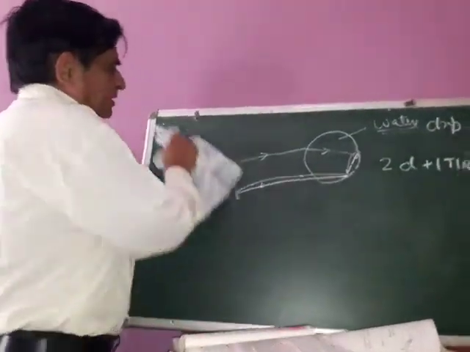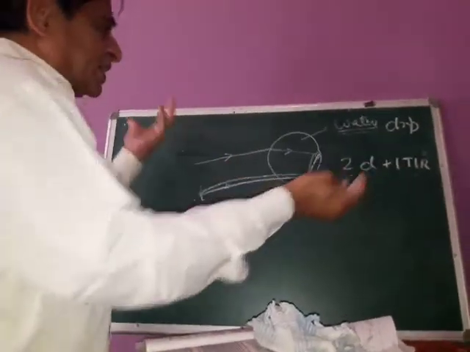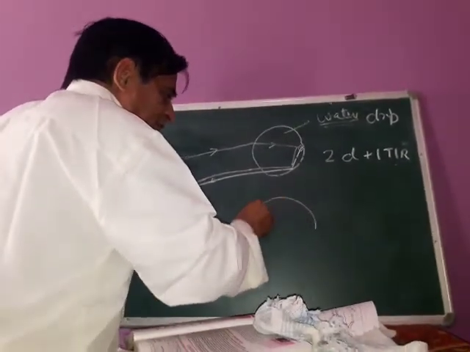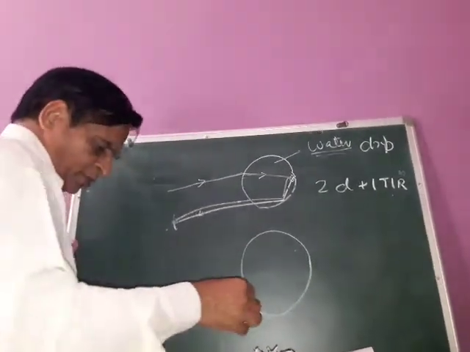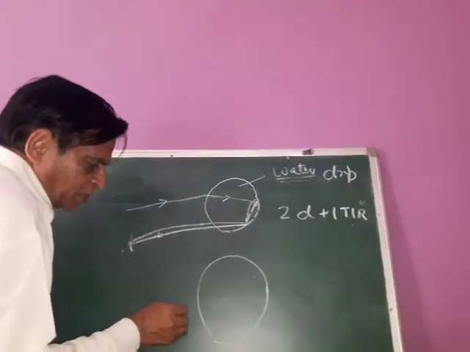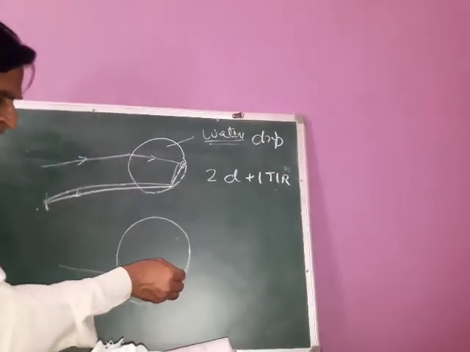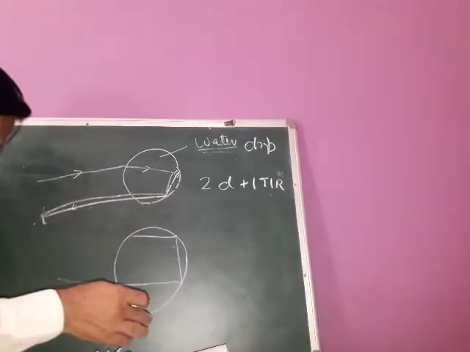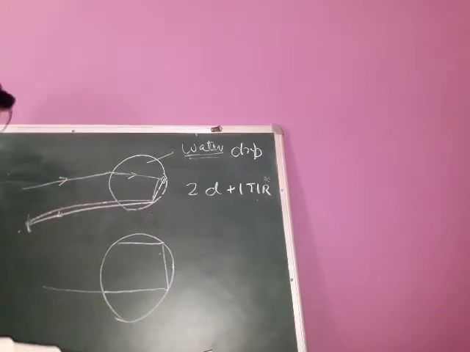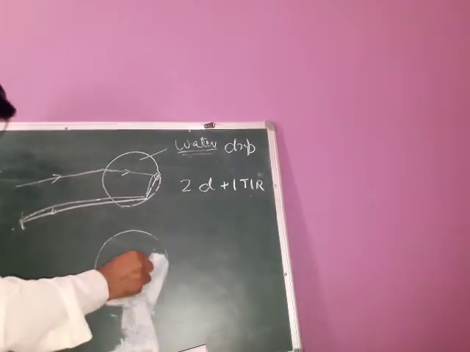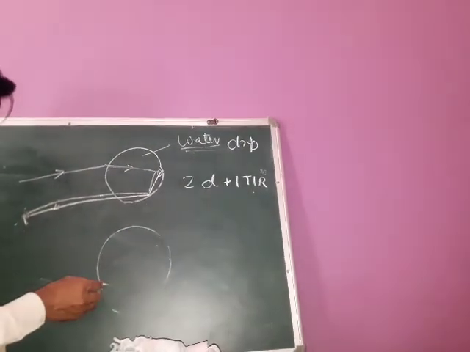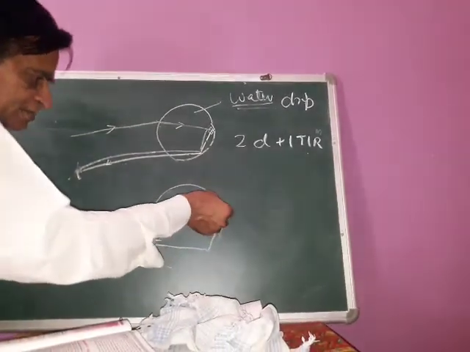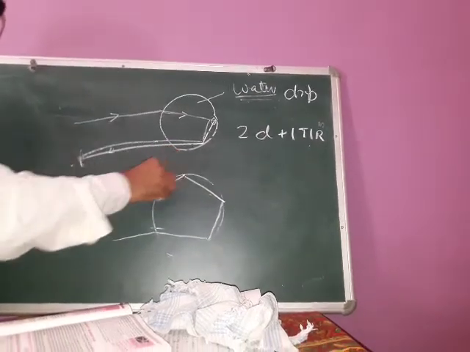But sometimes what happens, due to the occurrence of these drops in nature, you have light coming over here, refraction, total internal reflection, again total internal reflection, and then it will come here, refraction.